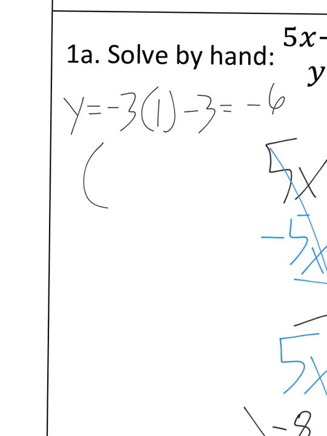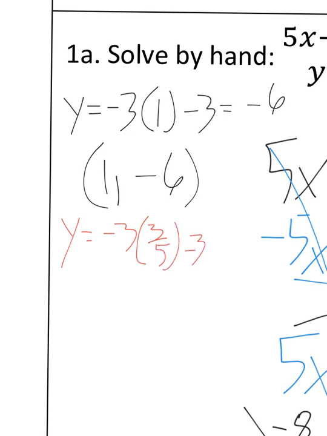So, because that's negative 3 minus 3, right? So when I plug in 1, I get negative 6. And then I just need to plug in the other one, y equals negative 3 times 3 over 5 minus 3. And that's going to equal negative 24 over 5.